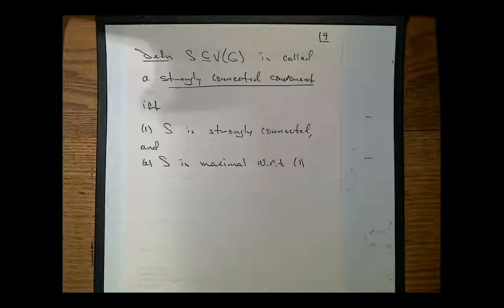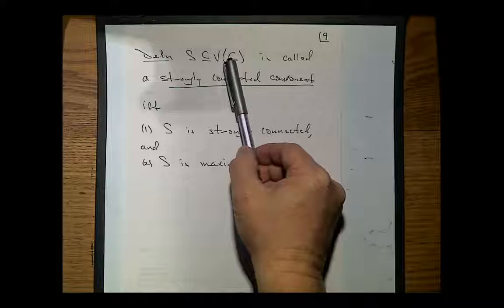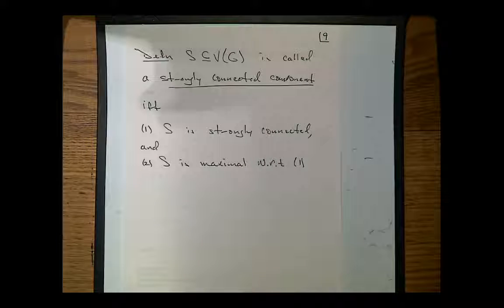The more vertices you put in, the more places you've got to get to and get back from, wherever you start. So the bigger a subset of the vertex set is, the harder it is for it to be strongly connected. And so what's the point where you can't get any bigger? Those are the maximally strongly connected subsets of the vertex set, and those are the strongly connected components.